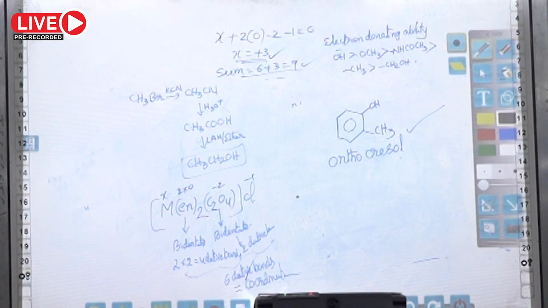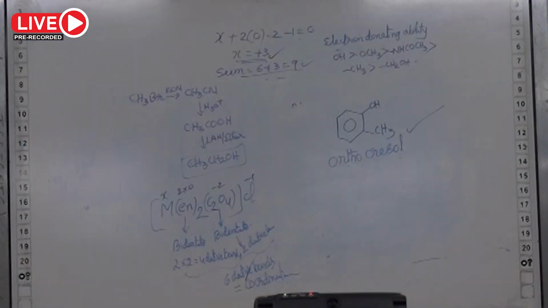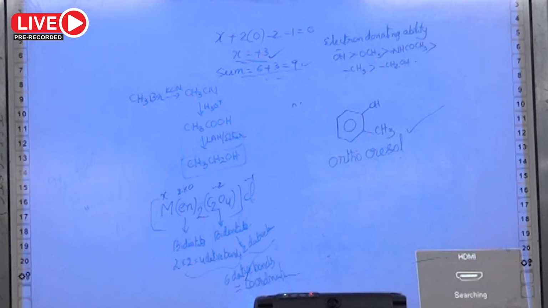Most reactive towards electrophilic reagent. So write a point. Greater the electron density on the benzene ring, faster will be the electrophilic attack.